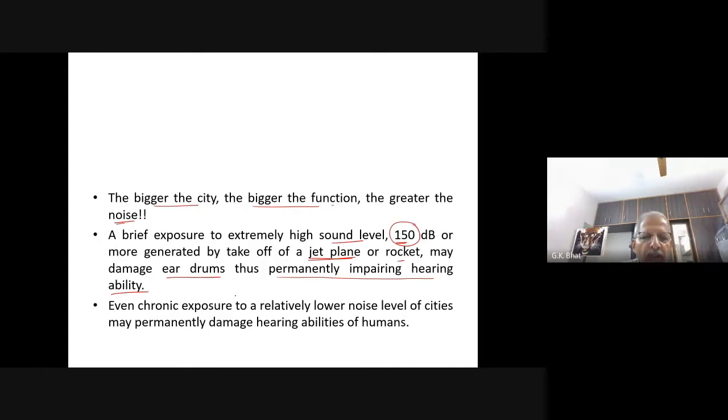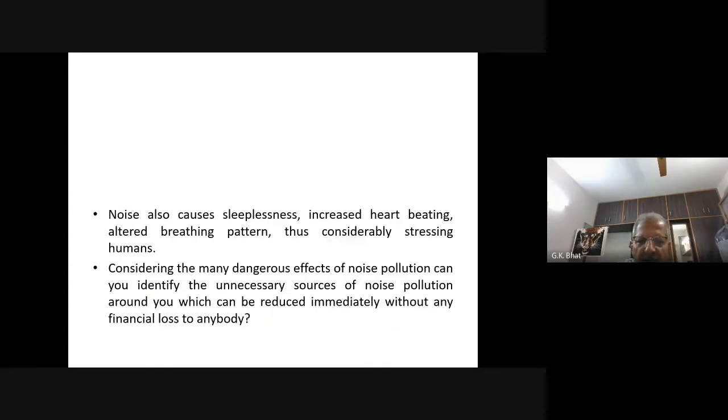Even chronic exposure, chronic means continuous, lifetime exposure, to the relatively lower noise levels of cities may permanently damage the hearing abilities of humans. A slightly lower noise level, if continuous, also damages hearing. I hope you understand my point.